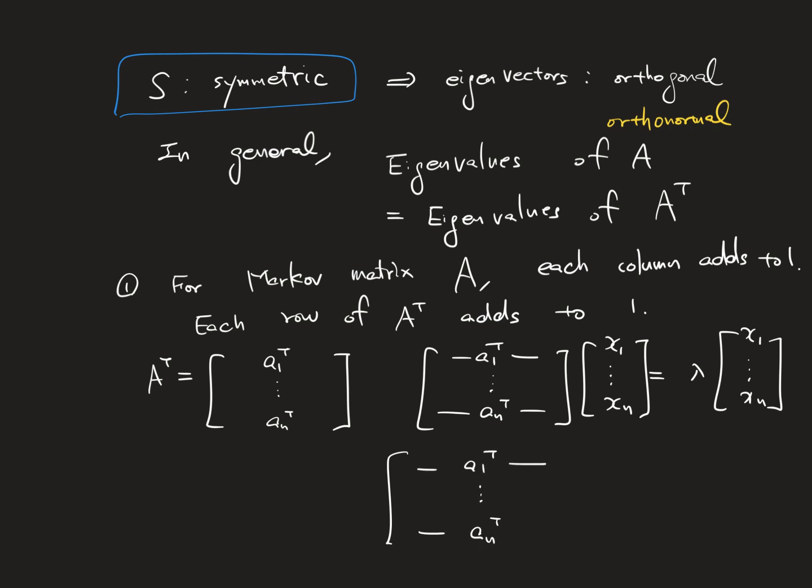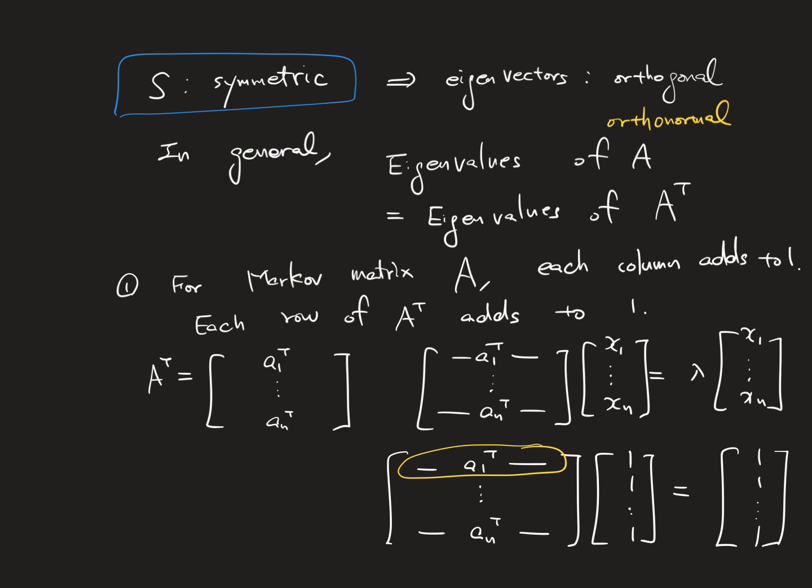We can see that this equation is correct if we write the all-ones vector here, because when you take the dot product of this row vector with the all-ones vector, you are just adding all the entries of the a1 column. But we are considering a Markov matrix, where each column adds to 1, so it'll be 1 here, because all the entries of the first column of A add to 1.